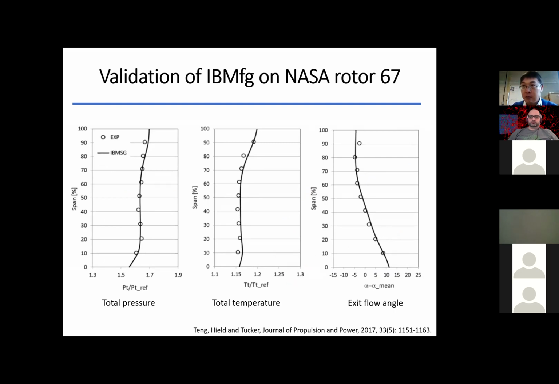Then we use this hierarchical method in the fan stage simulation. This low order method is mainly used for the stator, but for the upstream fan rotor, we use a mesh resolved geometry.